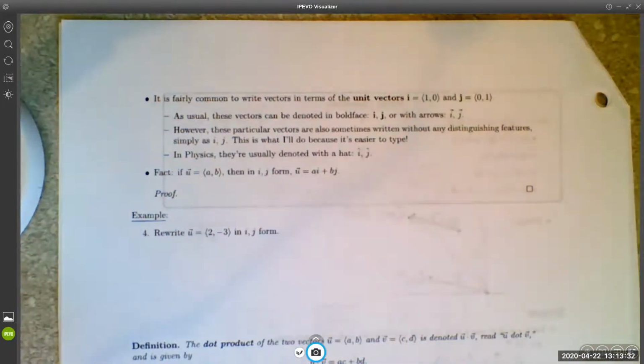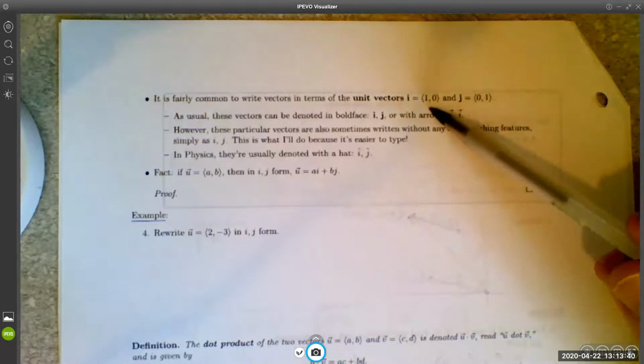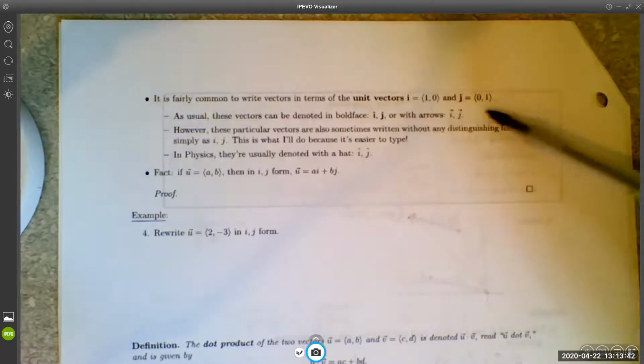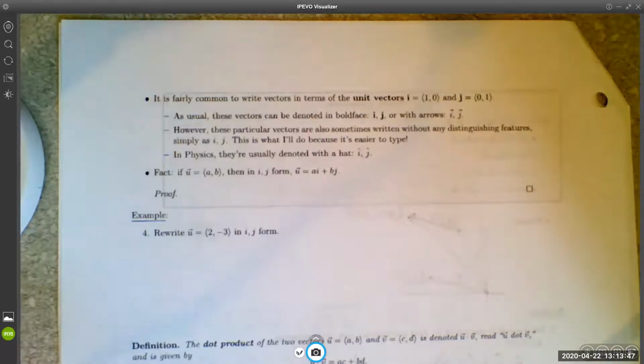Anywhere in math or physics you see a bolded i and a bolded j, it's known that these stand for vectors 1, 0 and 0, 1, respectively. In 3 dimensions, i is the vector 1, 0, 0, j is the vector 0, 1, 0, and k is the vector 0, 0, 1, right?